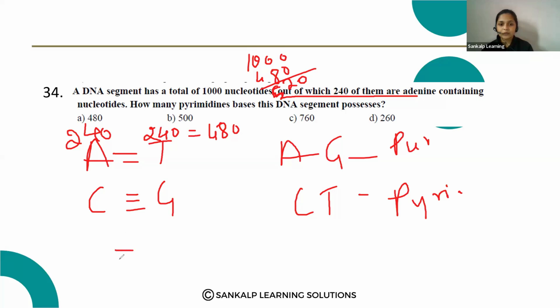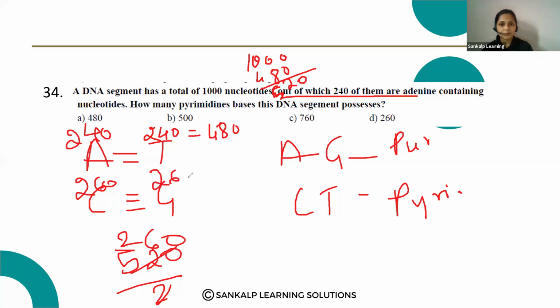Here, 520 divided by 2, because cytosine and guanine are in the same number. So that is 260 plus 260. Then how many pyrimidines does this DNA possess?